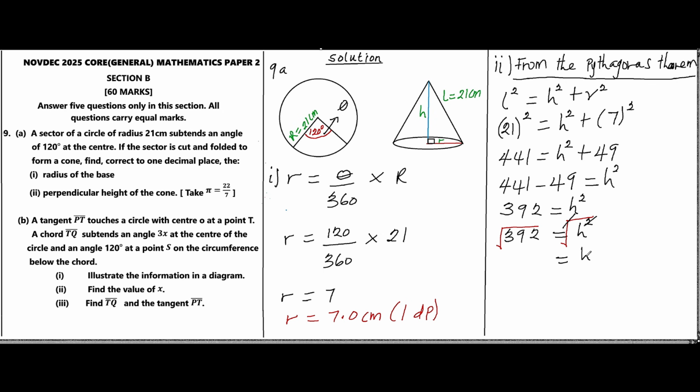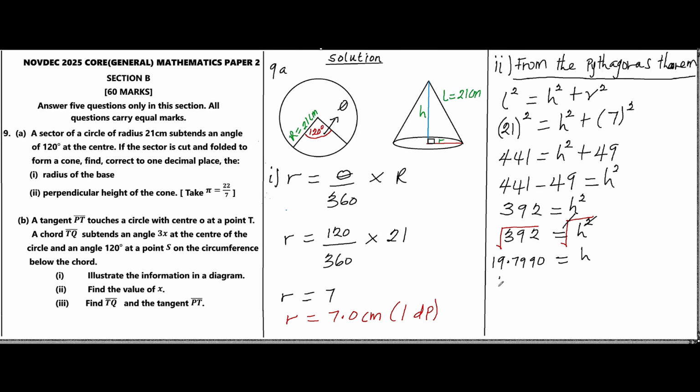So we have h on the right, and then the square root of 392 is 19.7990 to 4 decimal places.